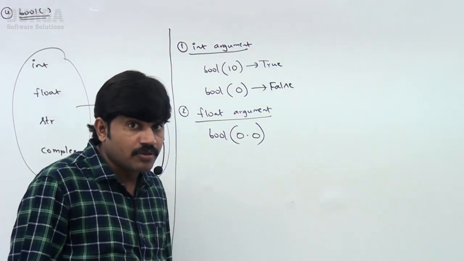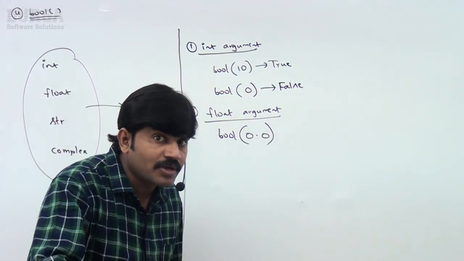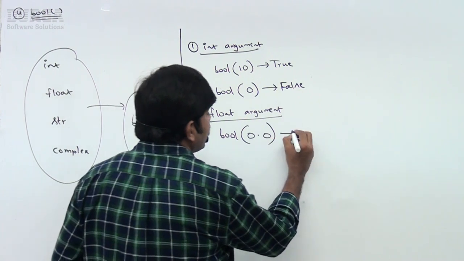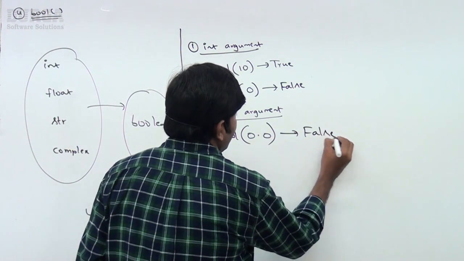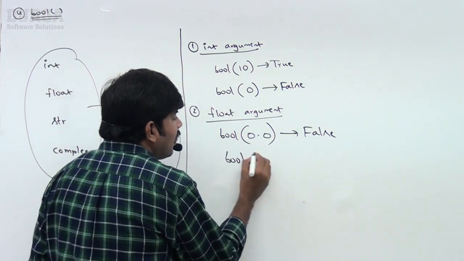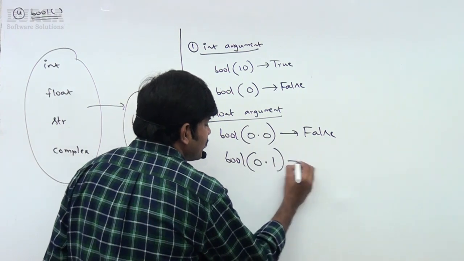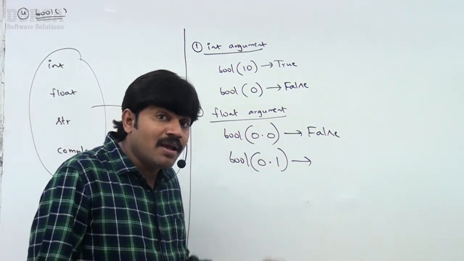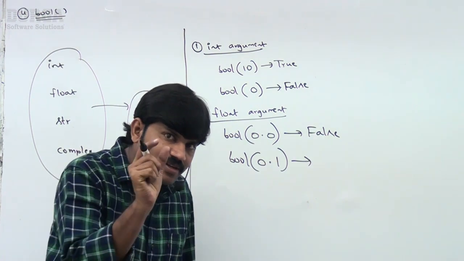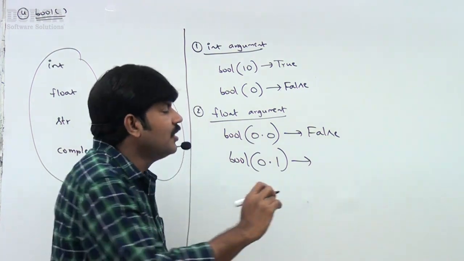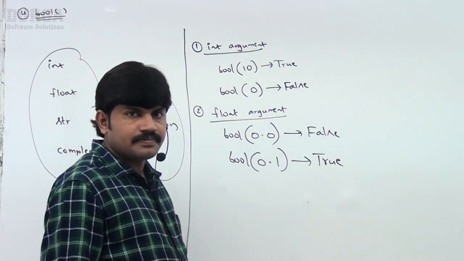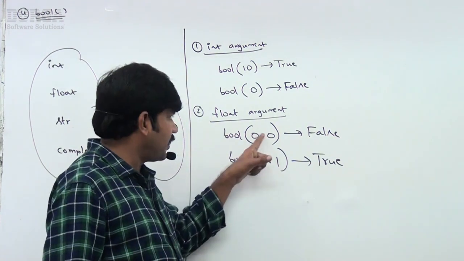Float value 0.0 is always float type, but its value is 0. That's why False is the answer. Bool of 0.1: is it 0 or non-zero? Non-zero. Even though it is a very small value, it is non-zero. That's why we get True as the answer. Clear, right? Any explanation required?